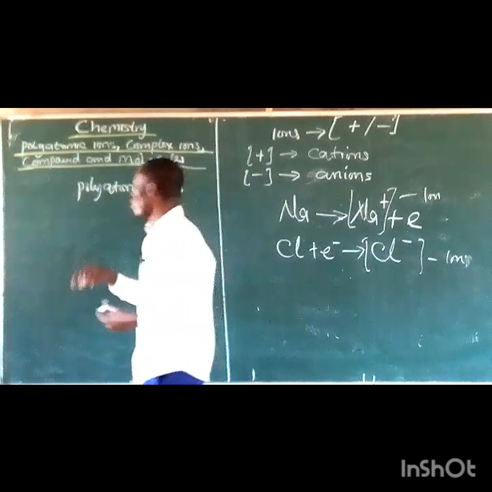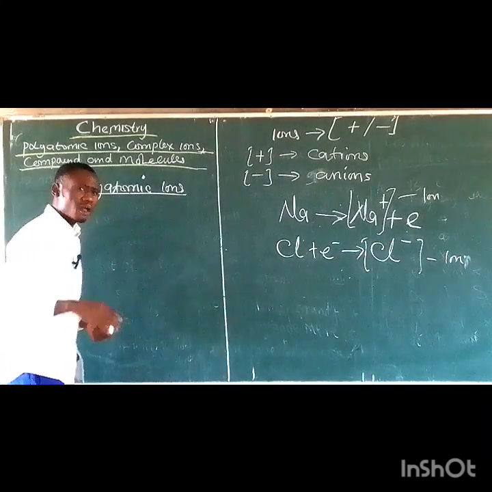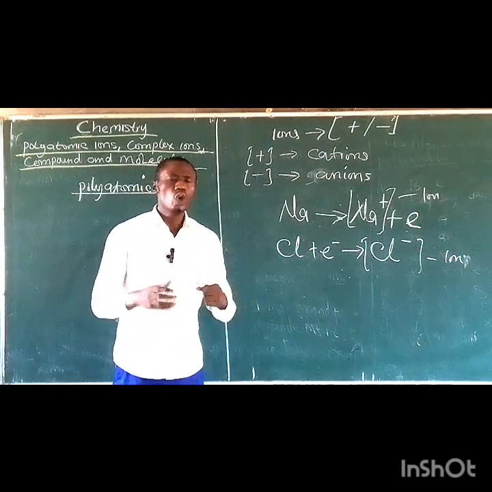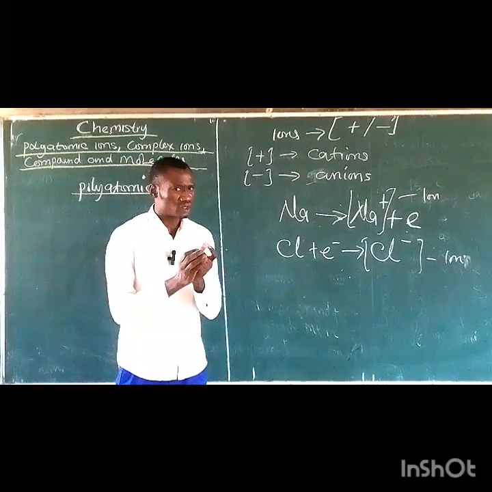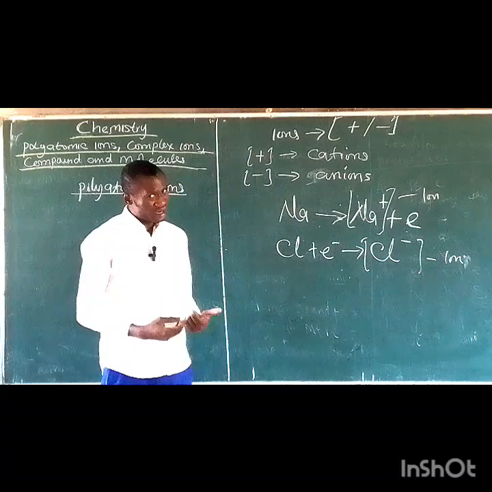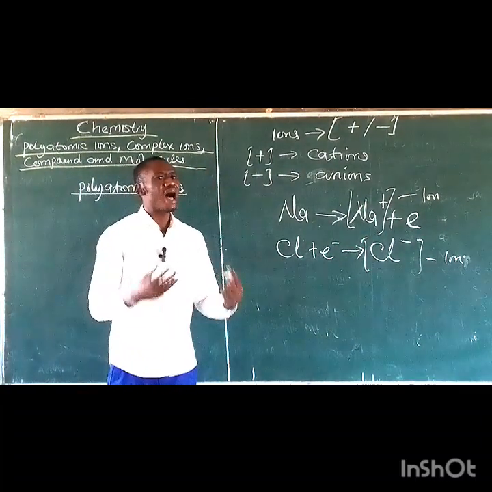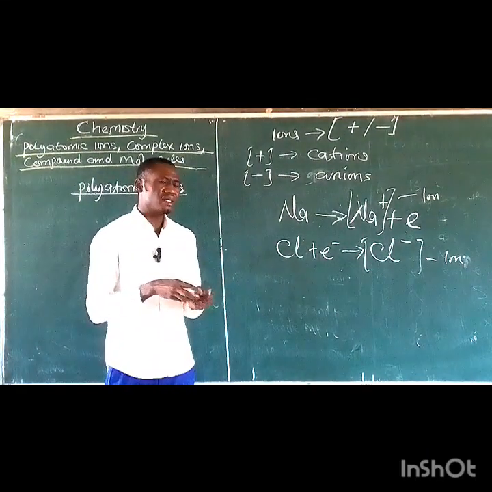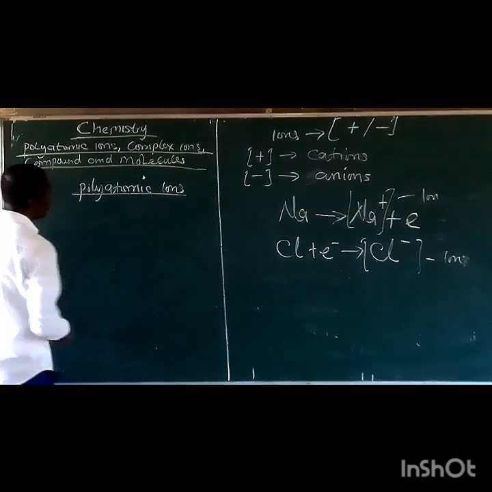Let's come to what we mean by polyatomic ions. Well, polyatomic ions are simply groups of atoms of elements that are chemically bound together by covalent bonds. I take it again. Polyatomic ions are a group or set of atoms of elements, two or more atoms, that are chemically bonded by covalent bonds. Alright?